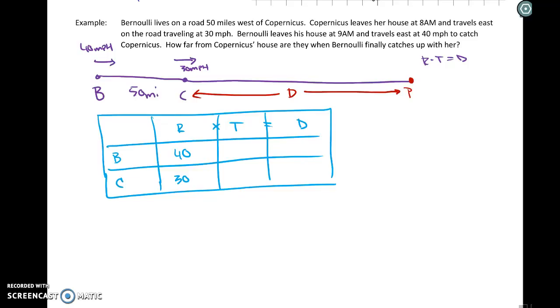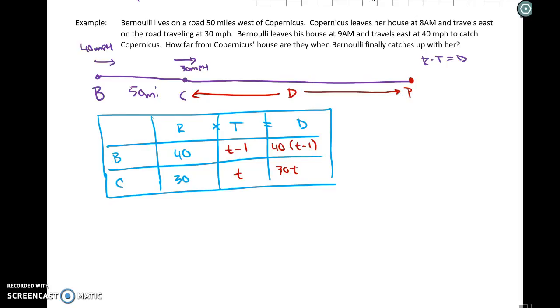I don't know how long either of them travels, so let's say Copernicus travels t time. Then Bernoulli travels 1 hour less because he left 1 hour later. So the distance Copernicus travels is 30t, and for Bernoulli, it's 40 times t minus 1.